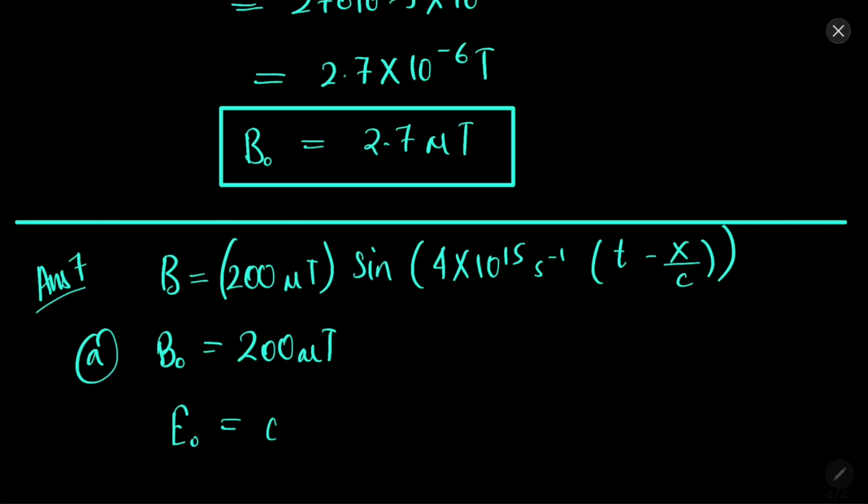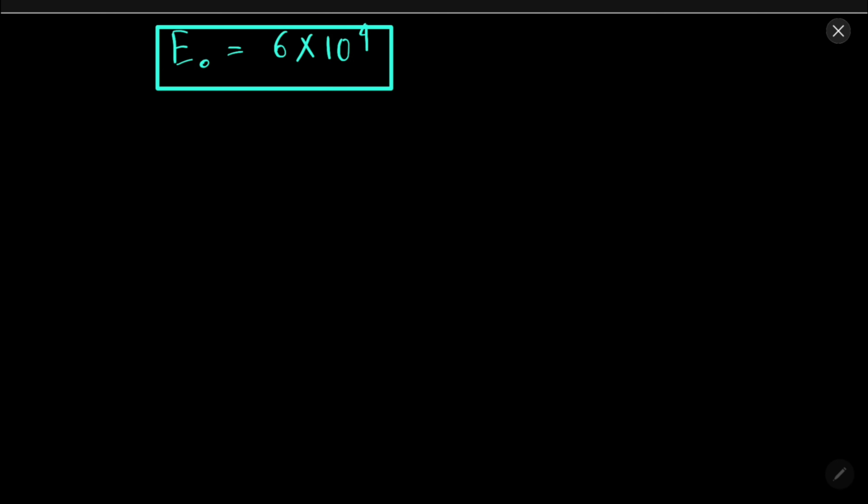So E naught will be C into B naught. So it will be 3 into 10 to the power 8 into 200 into 10 to the power minus 6. So E naught will come out to be 6 into 10 to the power 4 volt per meter. Then the average energy density.